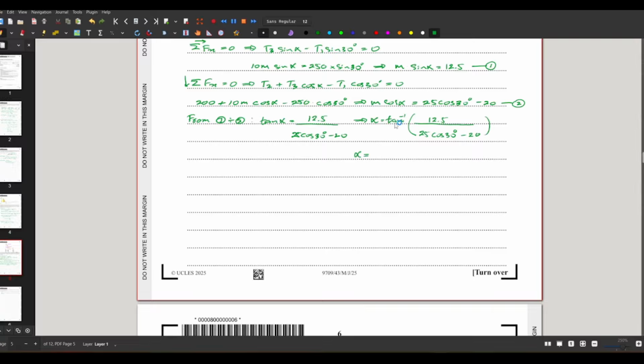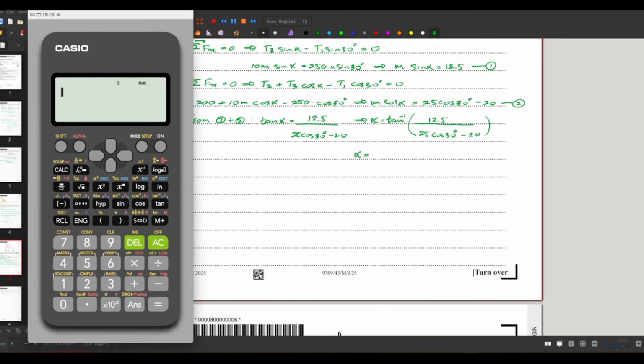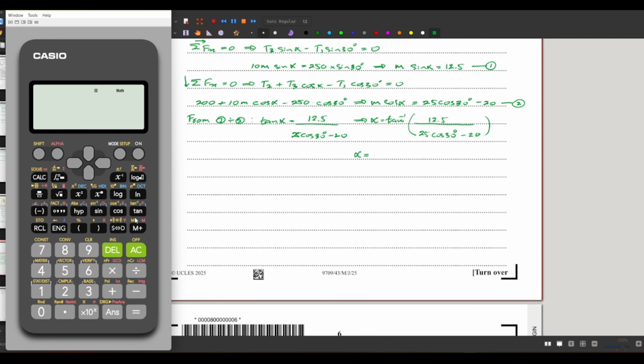Okay, so for this one we will use the calculator. It's tan inverse, so you have to use shift with tan, and we have a division here, which is 12.5 divided by, here 25 times cos 30, so we have to close the bracket and then minus 20, and let's close the bracket.